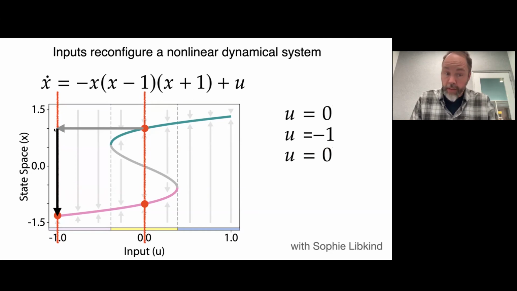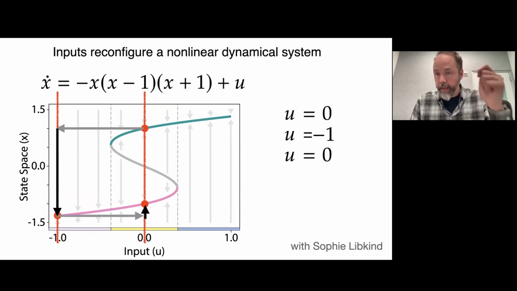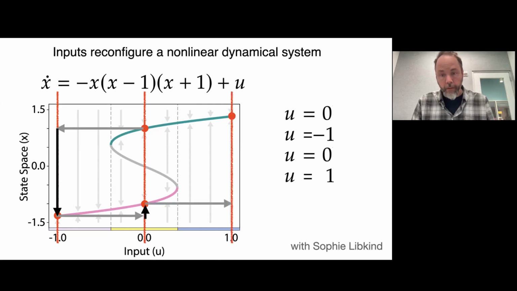Now, if you set U to 0 again, you'd hop back over here, and the decay dynamics would take you to this stable fixed point, and so on and so forth. If U went to 1, you'd go all the way back over here. So basically you have a system that not only has memory, but has the means to transition between those memories. That's what's so great about nonlinear systems, they have all this stuff in them.